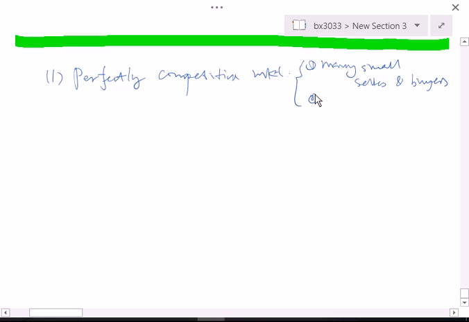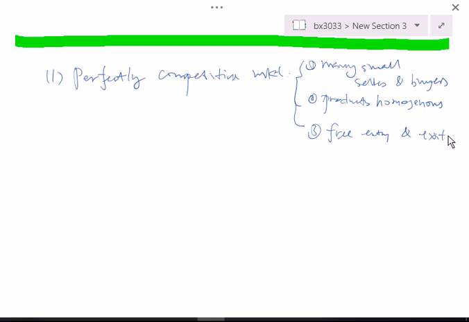There's no market power. Second, products are homogeneous. So your firm's product is actually the same as my product. Third, free entry and exit. So in the long run, firms or consumers can enter or leave the market freely.